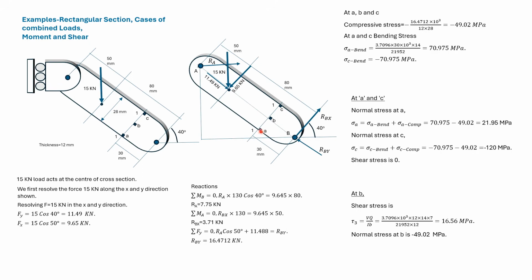We can consider the equilibrium of this bottom portion to find the stresses acting at A, B, and C. RBy causes compressive stress at A, B, and C. RBx will cause bending stress at A and C. RBx will also cause shear stress at B. So using the value of RBy, we first find the compressive stress.